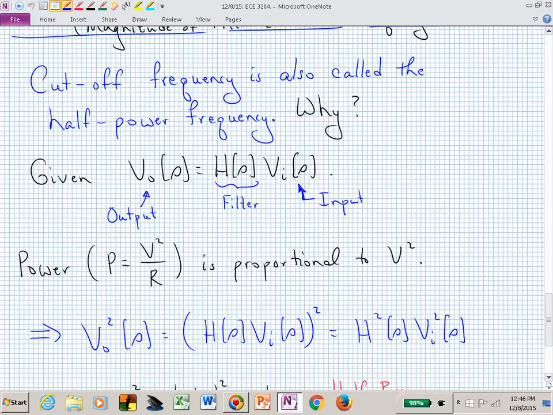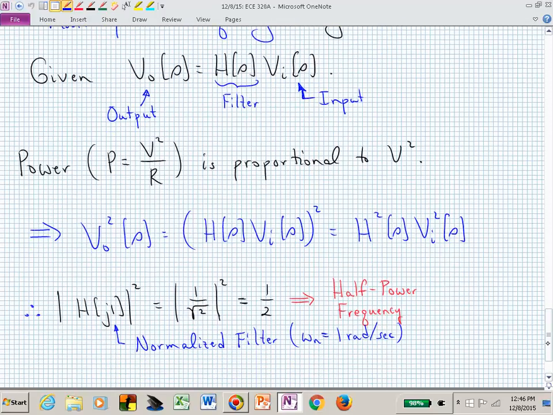If we square both sides of this V naught equal H V sub I, then I hope you see that what we start focusing on is what is coming out of H squared.